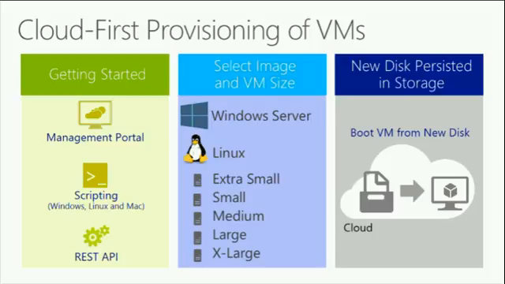So another key concept here is persistent disks. What that really means is that regardless of what happens, and this is very different from your typical experience with a server, that persistent disk sits in the Windows Azure storage, and you mount that remotely.